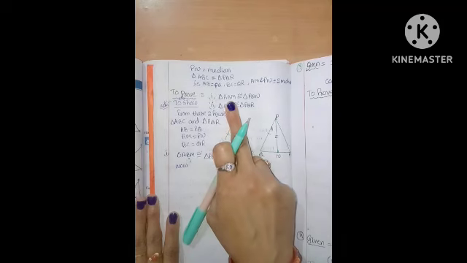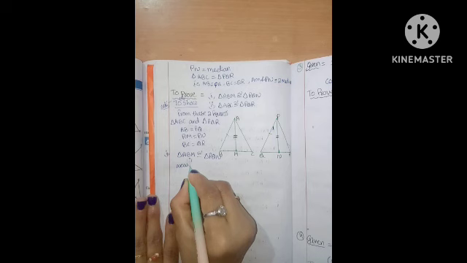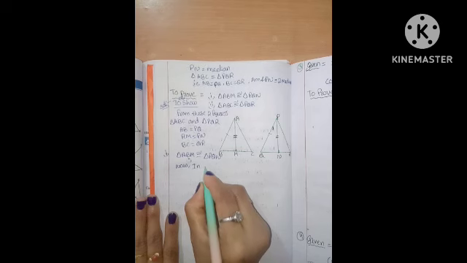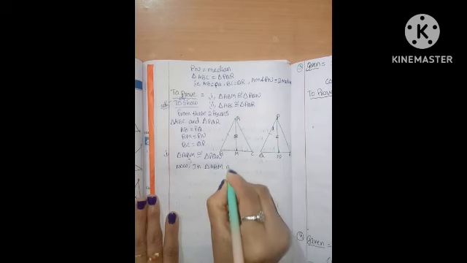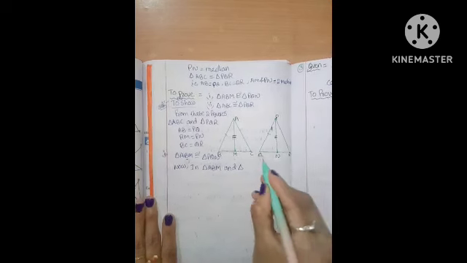You have to show that these two triangles are congruent only. So that's why we take these two triangles: triangle ABM, one triangle, and the other triangle PQN.